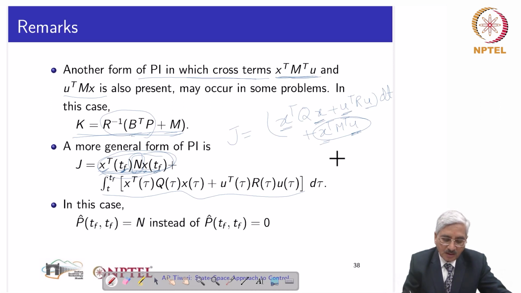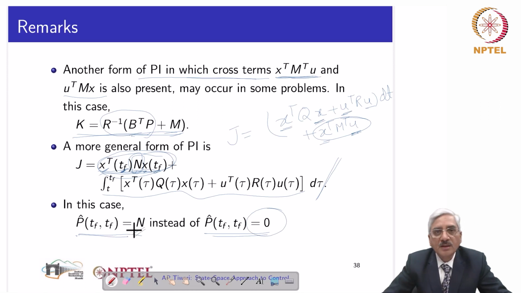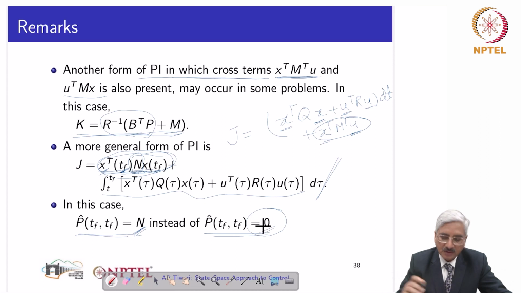This kind of performance integral is more general. However, its solution is also the same which we obtained. Only the initial condition differs. Earlier it was 0, and here it will be N. So the solution will start with initial condition N instead of initial condition 0. K will be the same which was obtained earlier.